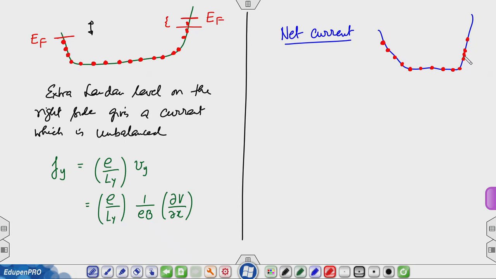As long as the potential does not go above the Fermi level, I can do this summation and calculate the current.